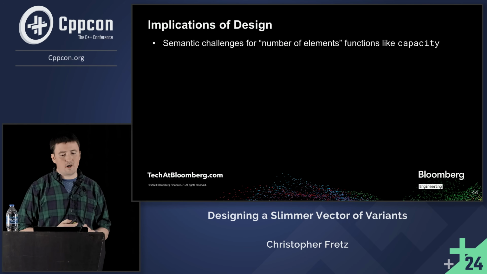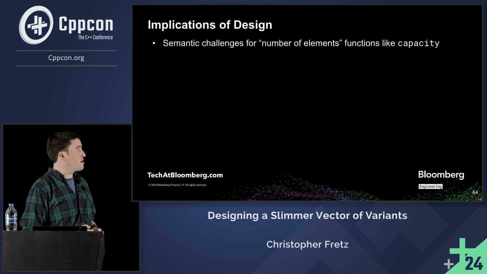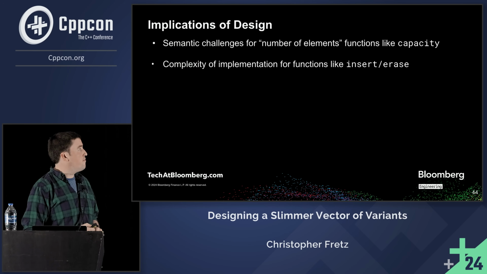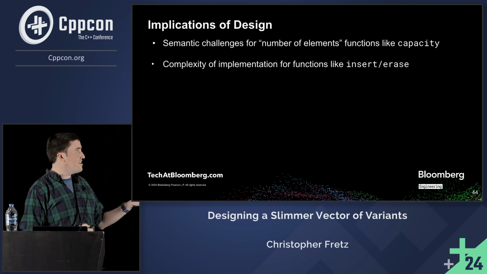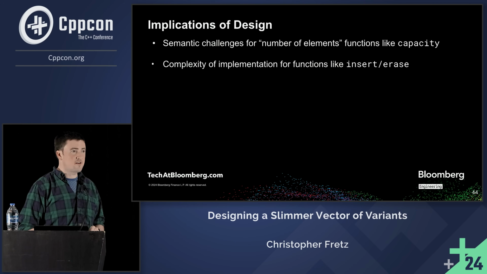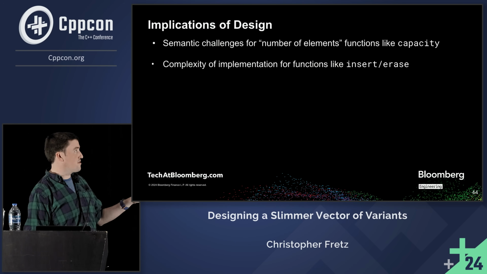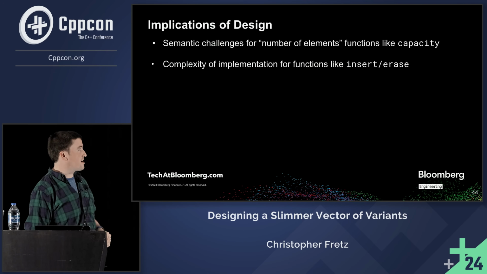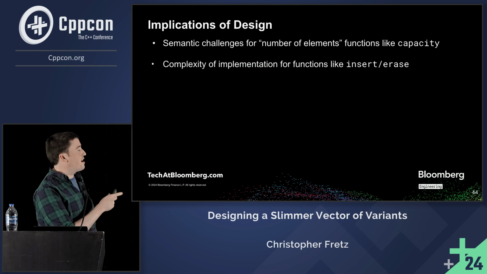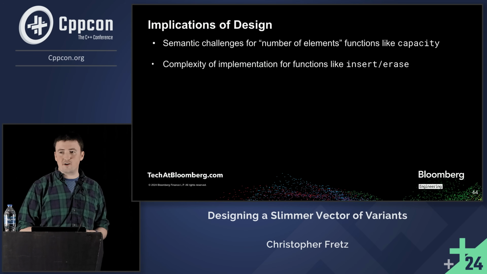More implications of design. So we have semantic challenges for the number of elements function, like capacity, like I said. There is also significant complexity that ends up getting added for functions like insert and erase. I was not originally sure if I would have enough time to go over this section, and I wish I'd put the slides in because I actually do. But it ends up being really challenging because say that you want to insert a bool onto the front of your vector.